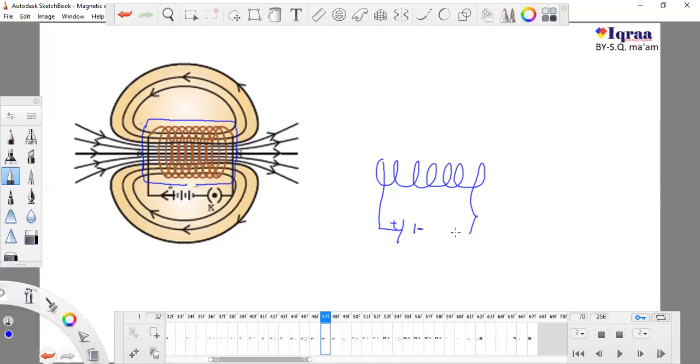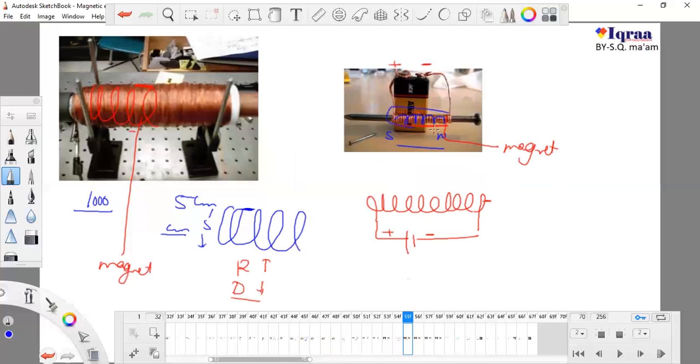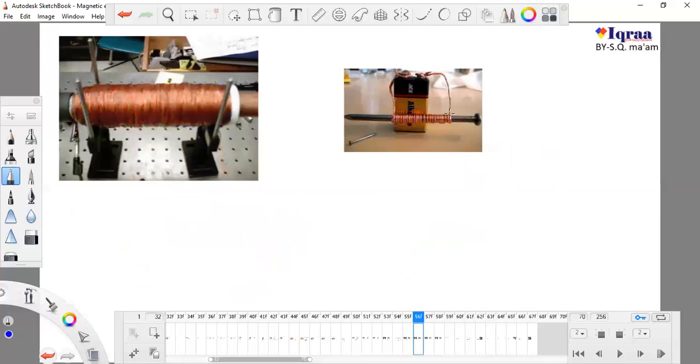Remember, either it is current or magnetic field lines, if they are passing from south to north, definitely it is something which is inside. So it has to pass here and complete its circuit. So the magnetic field lines present in a proper solenoid will definitely produce some magnetic field lines.